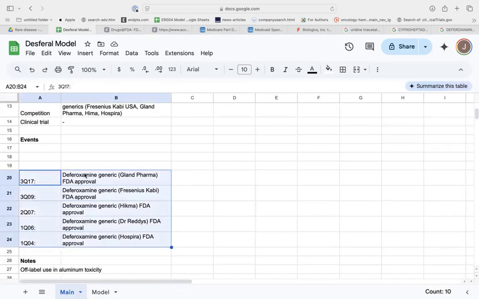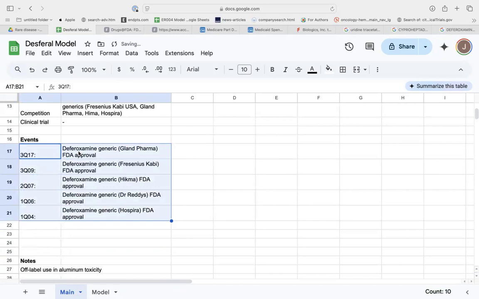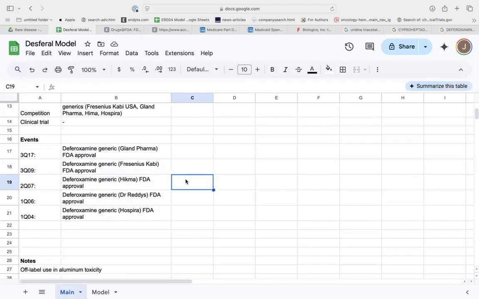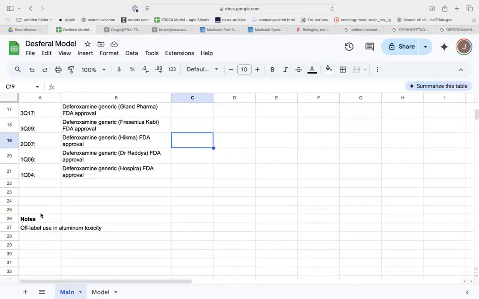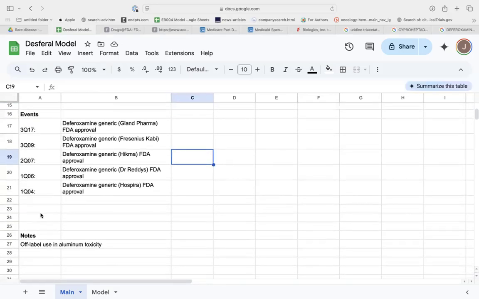You want to make it as easy as possible for manufacturers to be incentivized to develop a generic drug once the patent expires, because that's what enables the whole pharmaceutical system to run and benefit society. Otherwise, you don't want a drug to charge high prices for a very long time. Okay, so these are all the events.